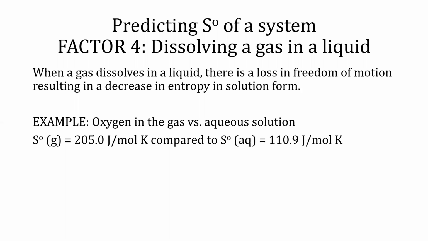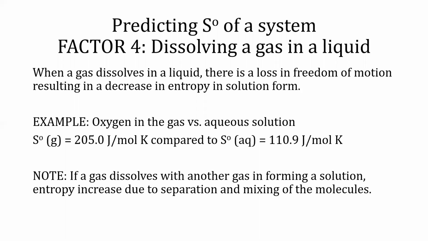The reason is that the gas's kinetic energy decreases when dissolved in liquid water in forming its aqueous solution, so the disorder also decreased. Note, if a gas dissolves with another gas in forming a solution, entropy increases due to separation and mixing of the molecules.